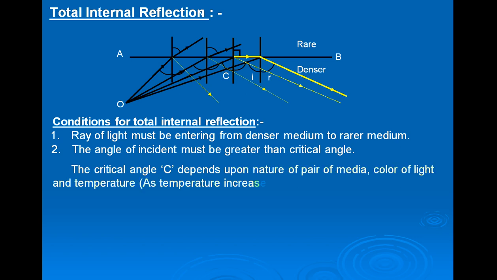The critical angle C depends upon the nature of the pair of media, that is, it depends on the two media, and the color or wavelength of light, and temperature.